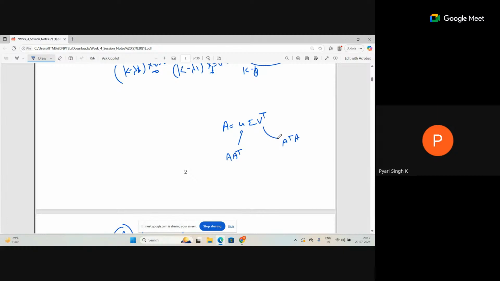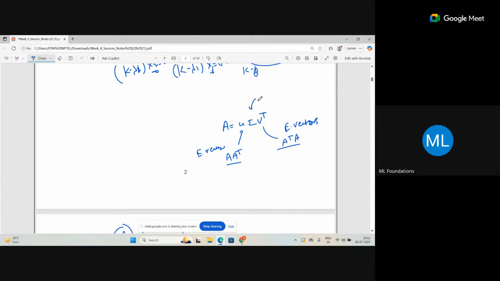I did not actually understand. When we solved this, where did we find U? I didn't see that. That was my question. The eigenvectors of A A transpose and A transpose A are not the same.